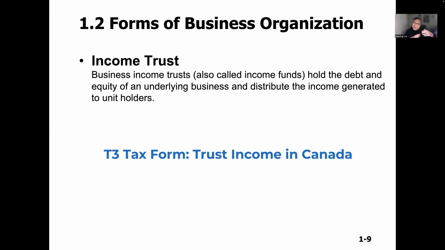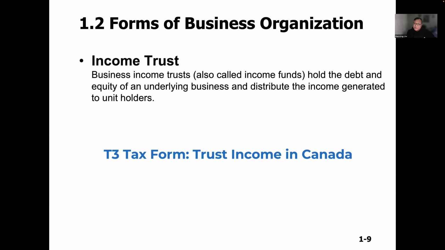So basically, he transferred the ownership from his own name to the trust, okay? And now who owns that property? The trust owns that property, and the trustee holds and manages the trust.